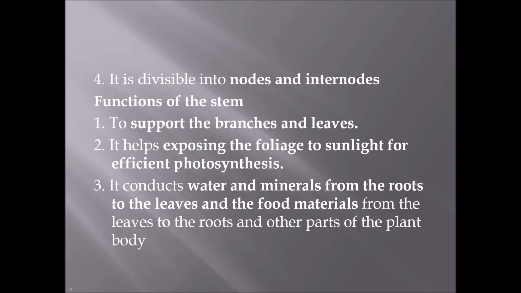The stem helps the leaves to get the sunlight so that the photosynthesis process may take place, and it helps in the conduction of water and minerals from the roots to the leaves, and the food materials from the leaves to the other parts.